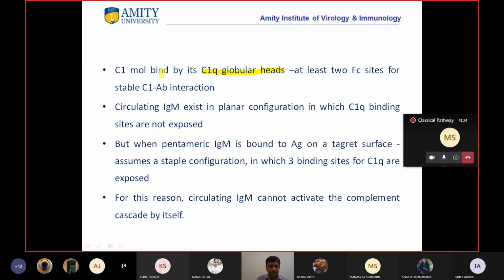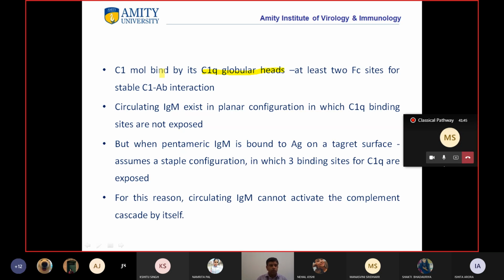In that case, the C1Q binding sites are not exposed, so if IgM is in its planar configuration, C1Q will not bind to it. As I said, when IgM binds to the antigen, there will be a conformation change.